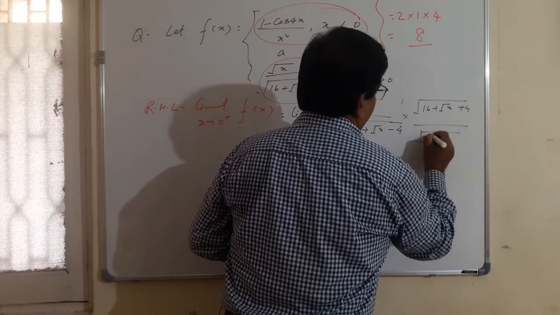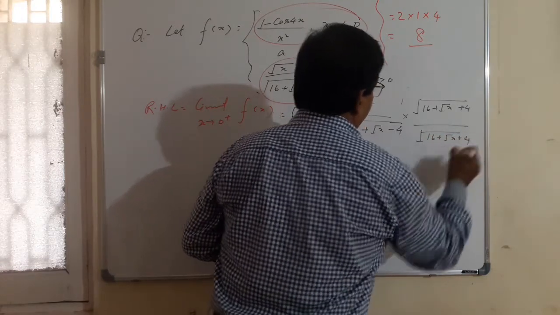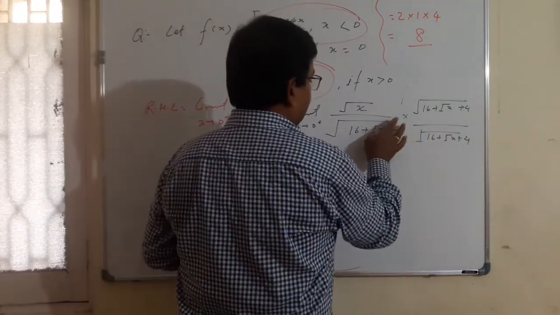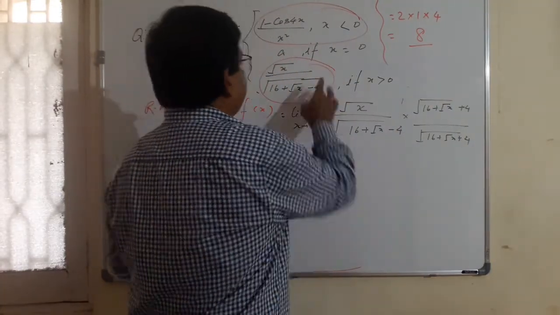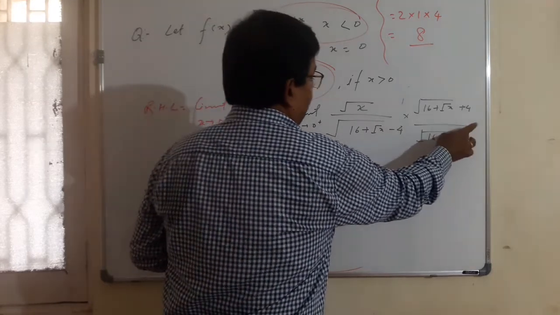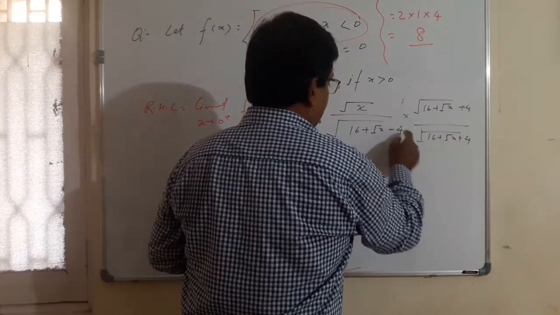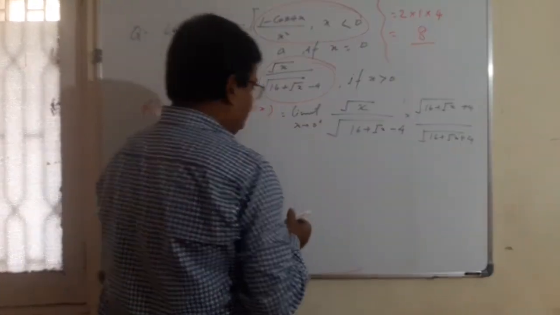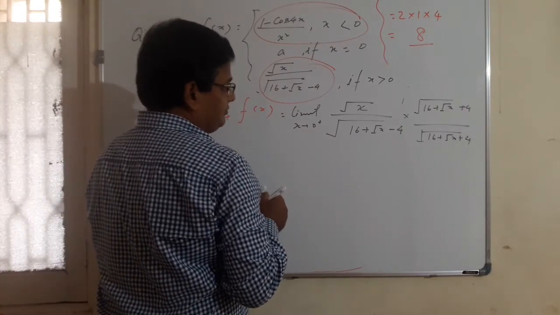Root 16 plus root x, again plus 4. So this one becomes, see here, a plus b into a minus b. Suppose this is a and 4 is b. So a plus b into a minus b is a square minus b square.